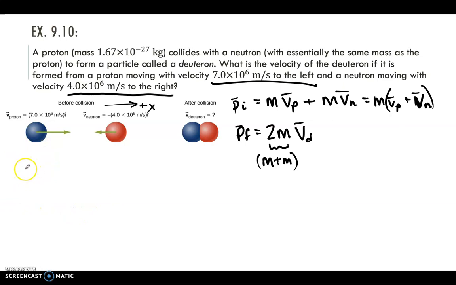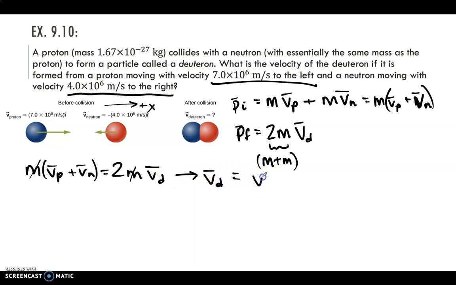We have m times (v_p plus v_n) equal to 2m v_d. Our masses cancel, since they are the same number. And then we can solve for our velocity, which is what we're looking for. So it'll be (v_p plus v_n) over 2.